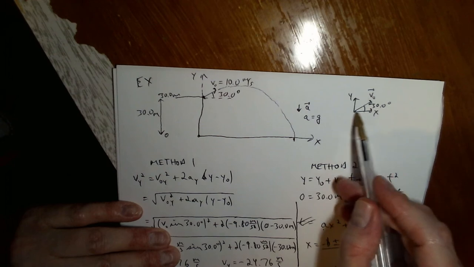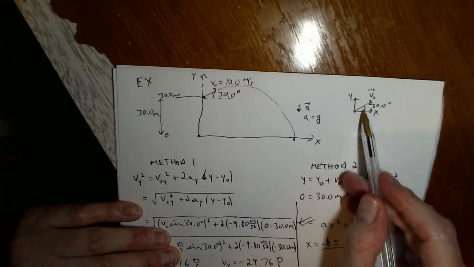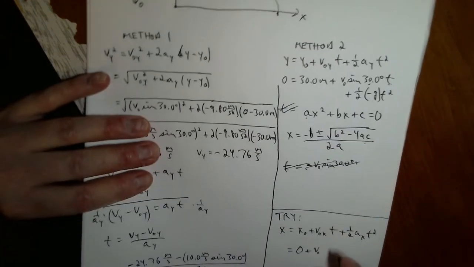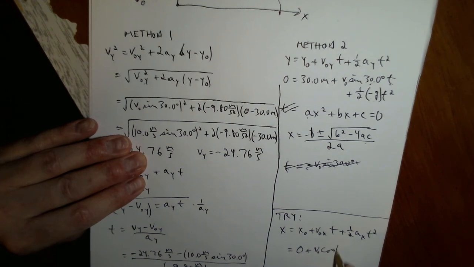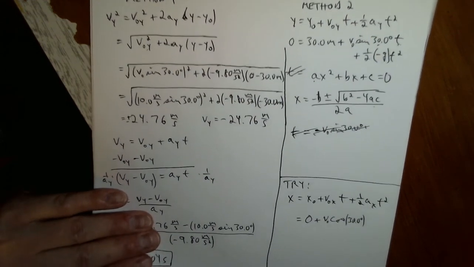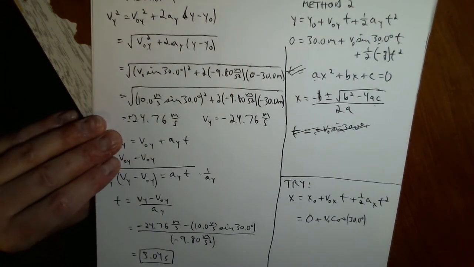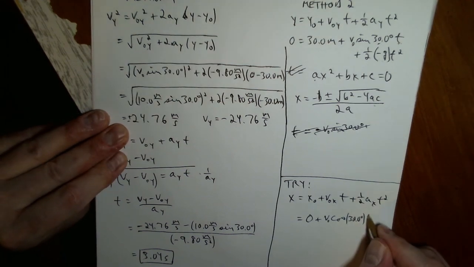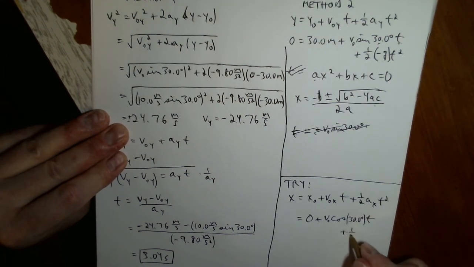Well, the x direction is adjacent to the 30-degree angle, so we say cosine of 30 degrees. Remember that was our mnemonic. If the angle is adjacent to the direction of the component you're finding, you use cosine. And times t, and then plus 1/2 a sub x.